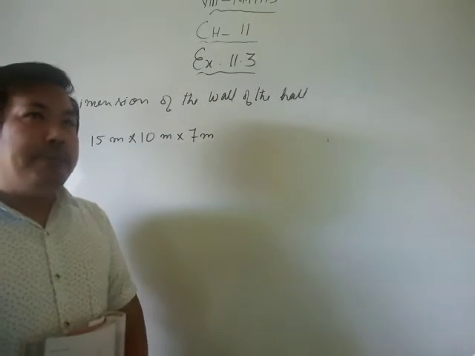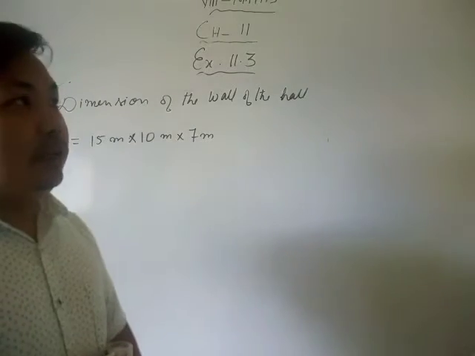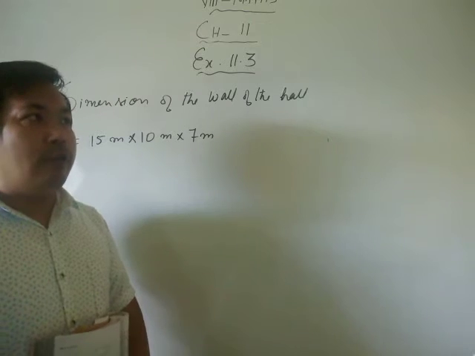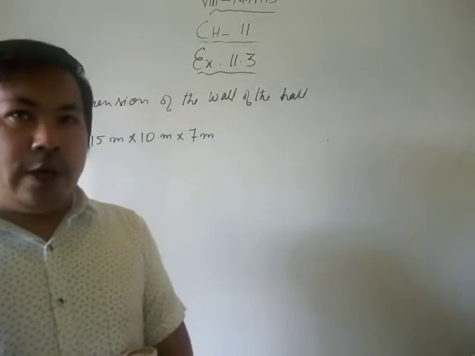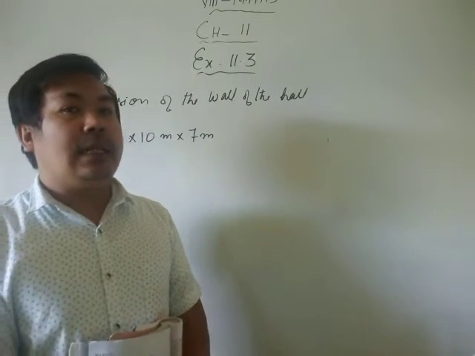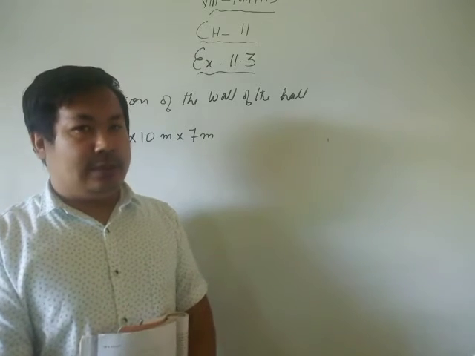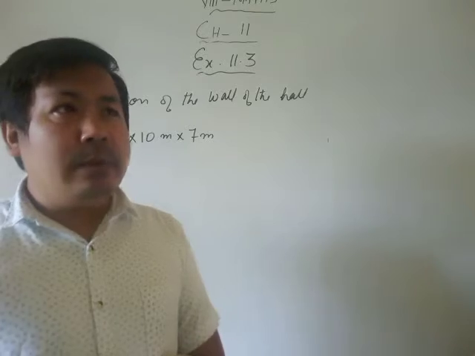So actually in painting, the floor is not going to be painted, but the total surface area, the room is in the shape of a cuboid. So total surface area of the cuboid we know that, isn't it? From this total surface area of the cuboid, ceiling is there, but floor is not there. So one surface will be the surface of a rectangle.